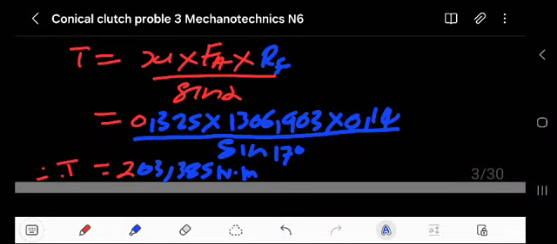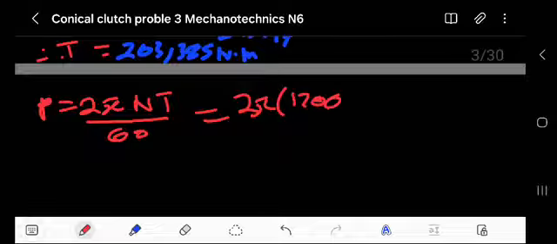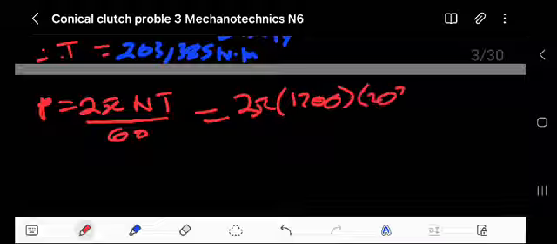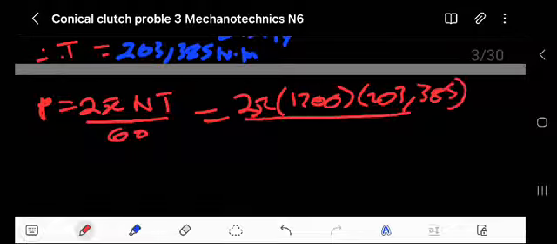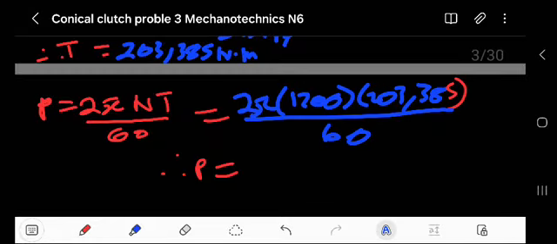So this is simply our torque, but we want the power. Remember, we said the power is 2 pi NT divided by 60. So 2 pi N was 1200, then the torque is 203.385, divided by 60.